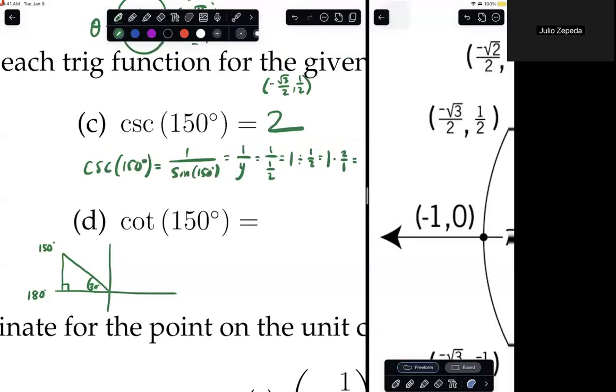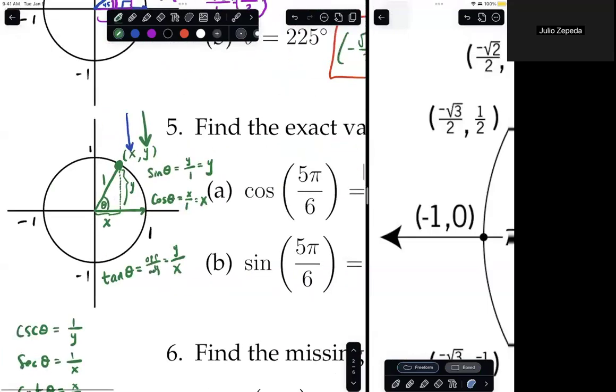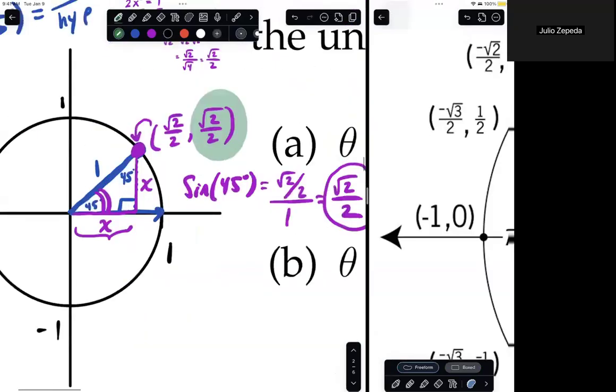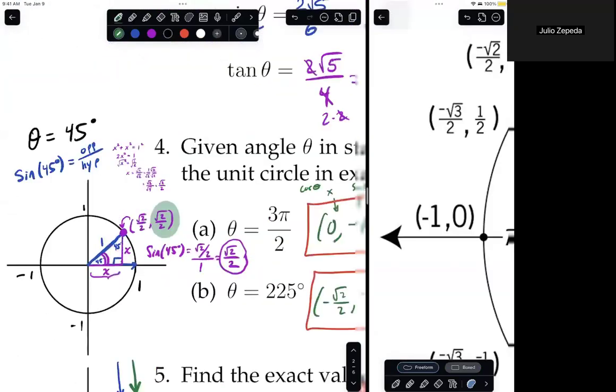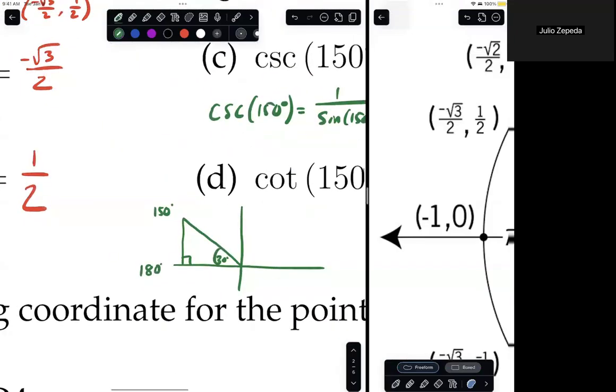And here's where we have to introduce a new special right triangle. There's only really 2 of them. One of them was the 45-45 triangle that we spoke of earlier over here. 45-degree angle, 45-degree angle.